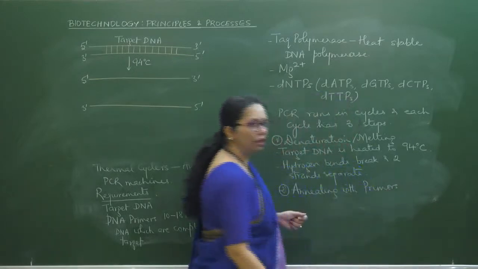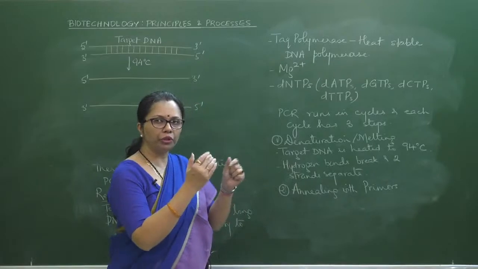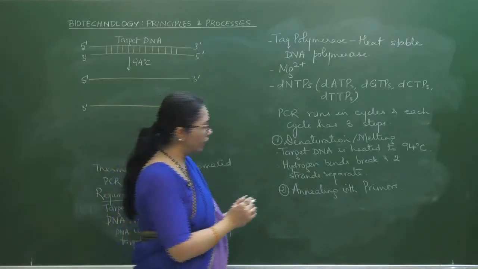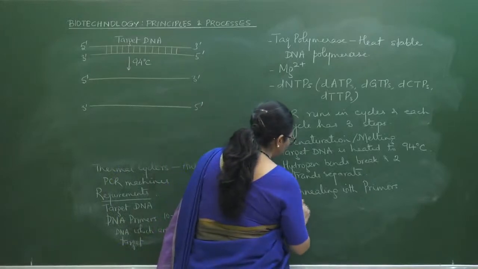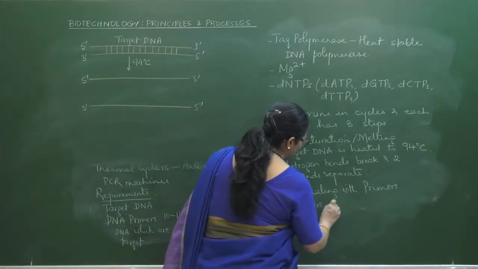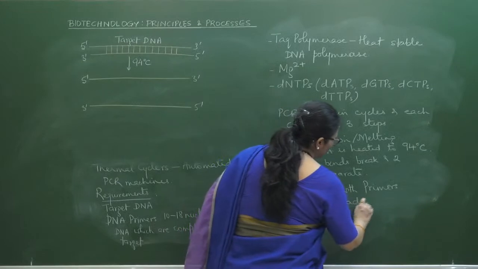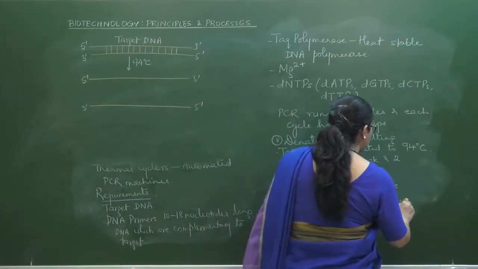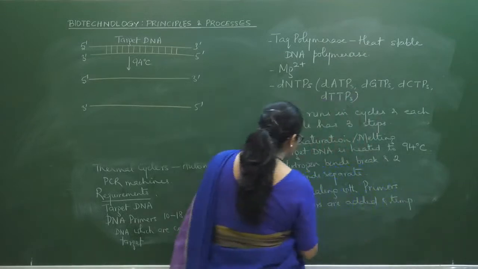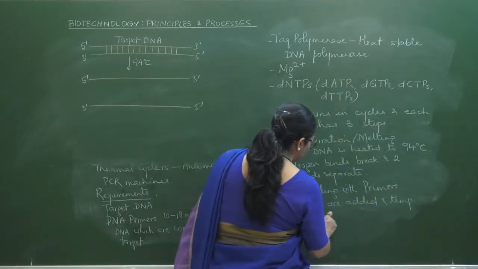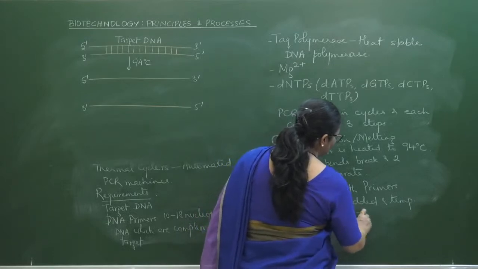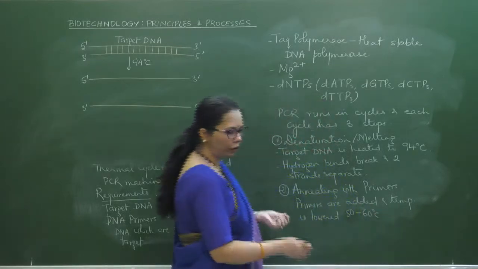Now the primers are added and the temperature is lowered, because only then will hydrogen bonds form again. The temperature is lowered in the range of 50 to 60 degrees Celsius.